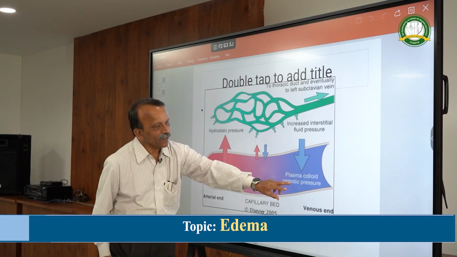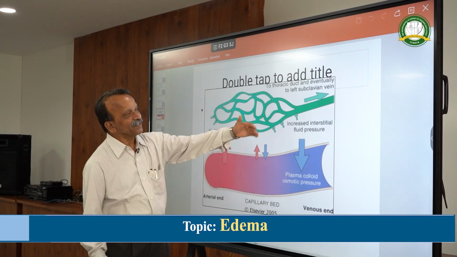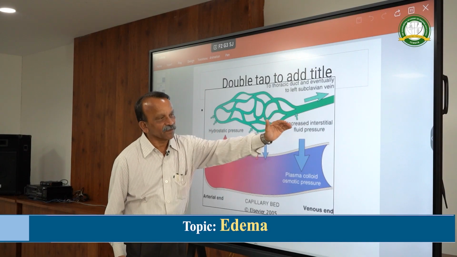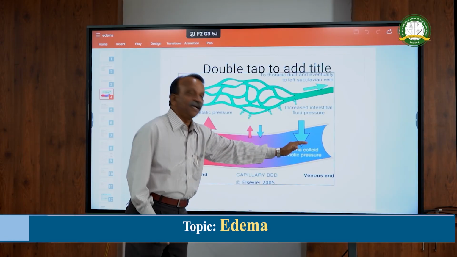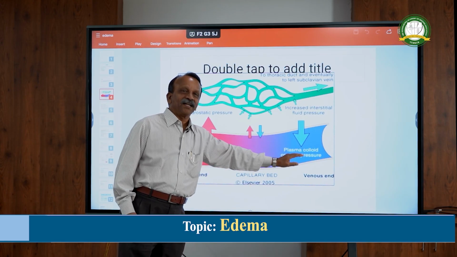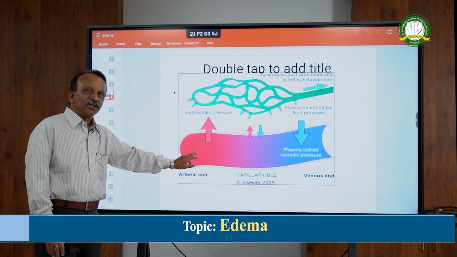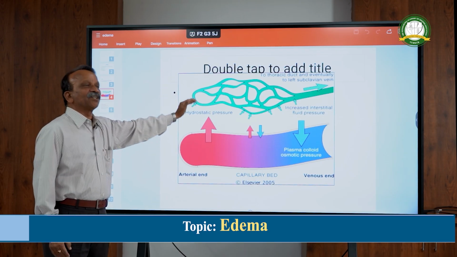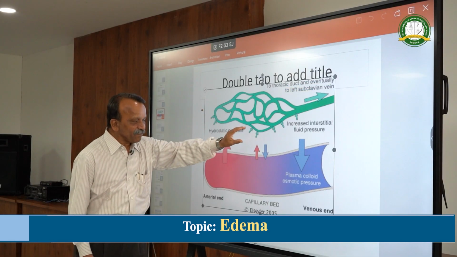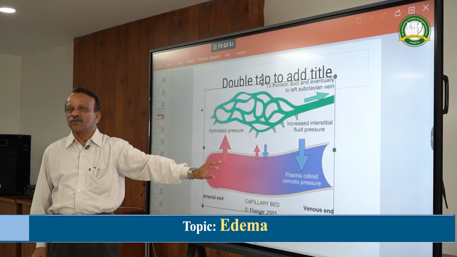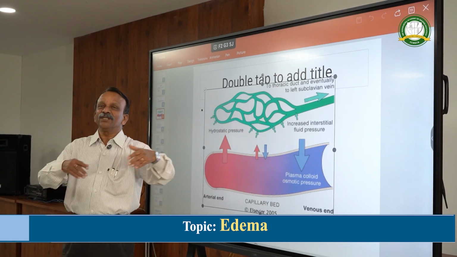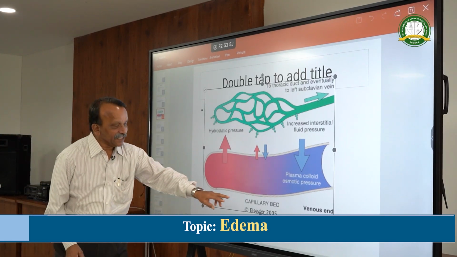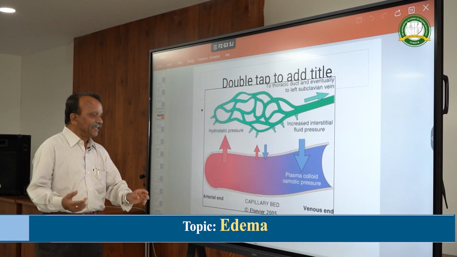Here the colloidal osmotic pressure influences the transmission of fluid from the interstitial fluid into the intravascular compartment, whereas hydrostatic pressure moves the fluid from the intravascular compartment to the extravascular compartment. So some amount of fluid gets accumulated outside the blood vessel during the continuous exchange of fluid from intravascular to extravascular and vice versa. This fluid will be drained by the lymphatics.